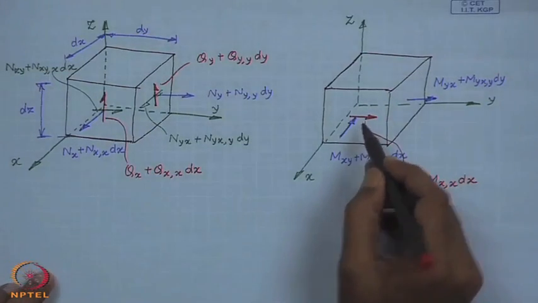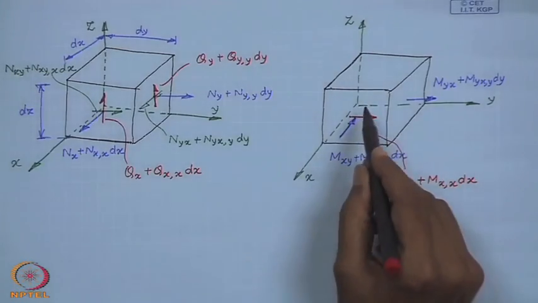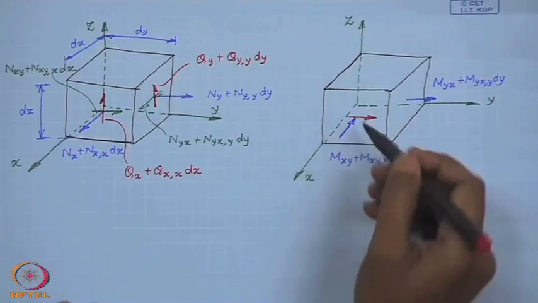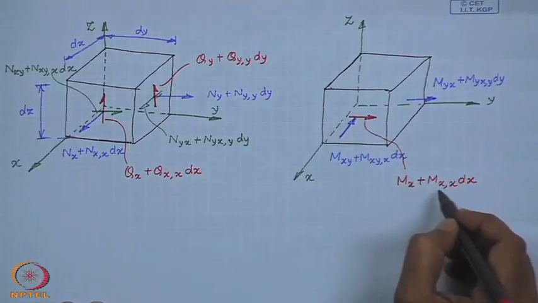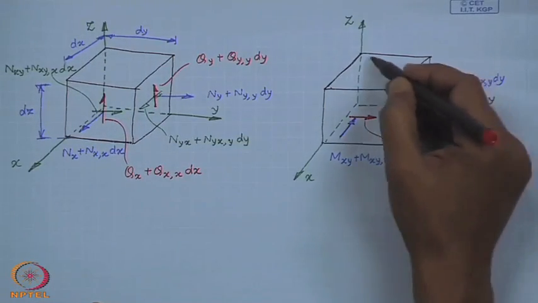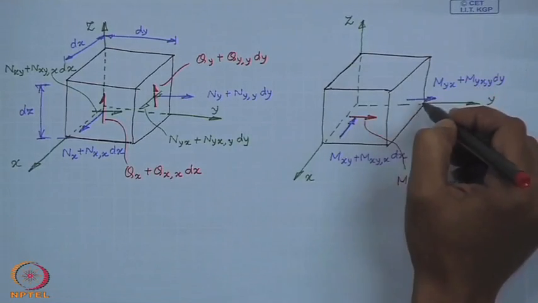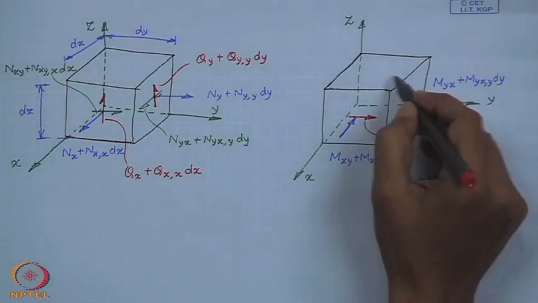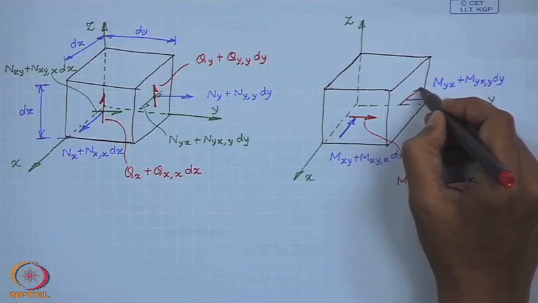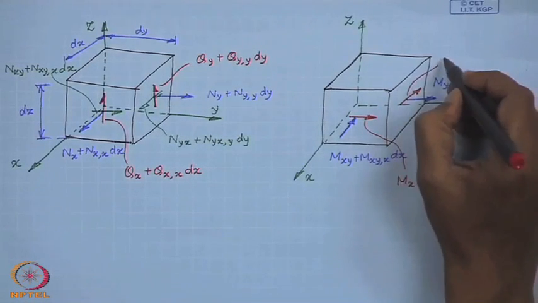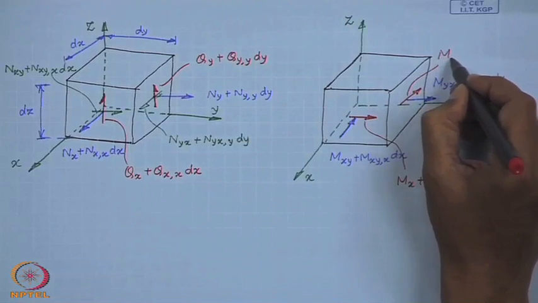This is the moment because of the normal stress sigma x x, following the right hand rule. On the face x equal to 0 you have just m x in the opposite direction, and on this face it is because of sigma y y.